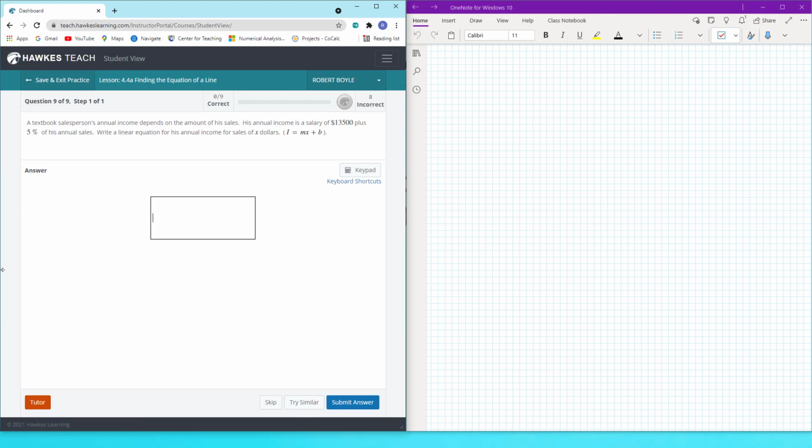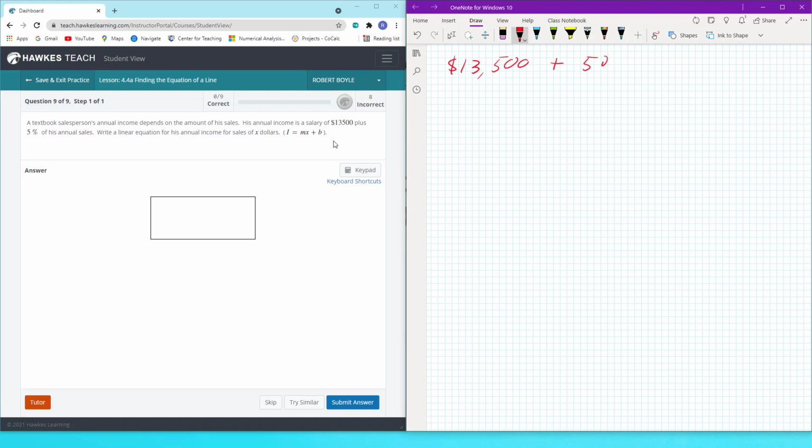Okay, here we go. Here we have a textbook salesperson. His annual income depends upon the amount of his sales, and his salary is going to be $13,500 plus 5% of sales. And in terms of sales, we're talking X dollars. All right, cool. So basically, 5% corresponds to 0.05.